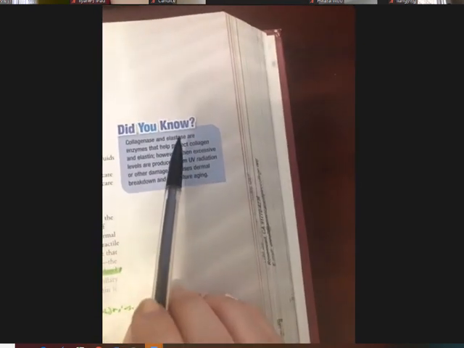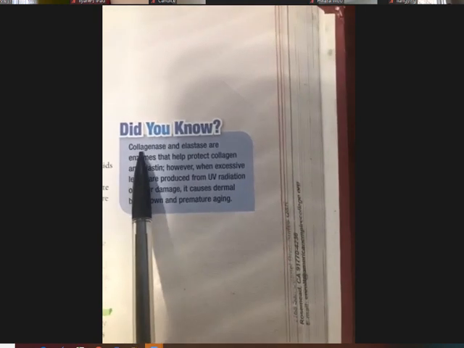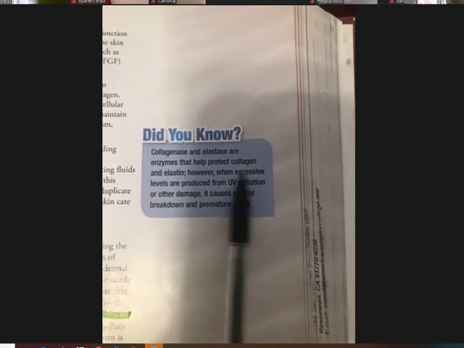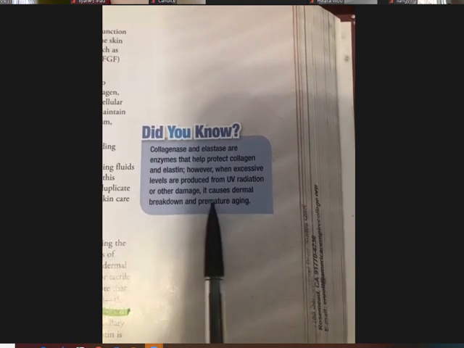Now, I need you to know that collagenase and elastase are enzymes that help protect collagen and elastin. However, when excessive levels are produced from UV radiation or other damage, it can cause dermal breakdown and premature aging.